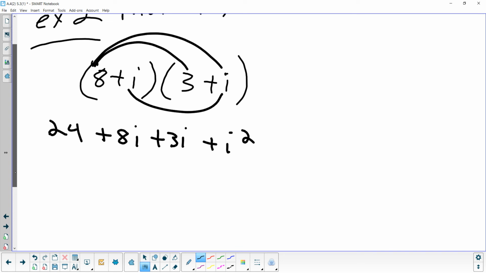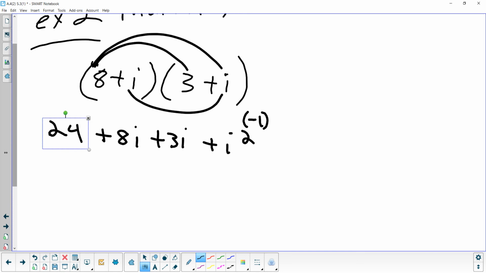So i squared turns into what number? Negative 1, yeah. So let's just put that in parentheses right above it. That's really a negative 1. So I really have 24 plus negative 1.